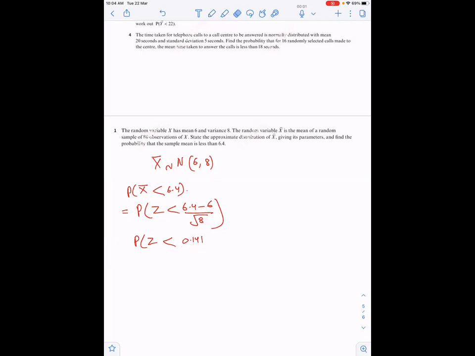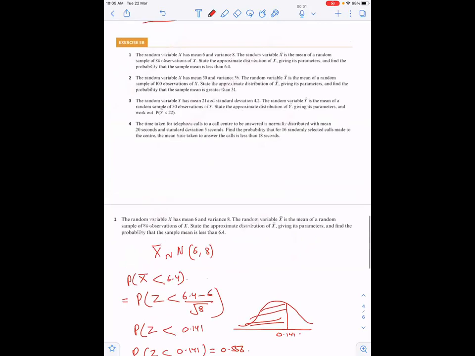Obviously 0.141 is going to be this part, and use a calculator to get the probability. You know how to do it? Probability is coming out to be 0.556. Clear?